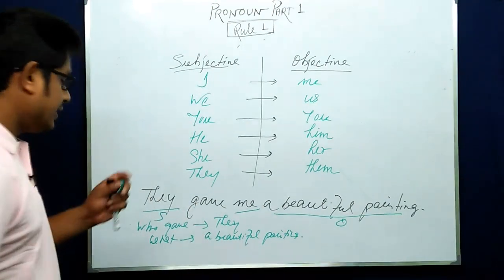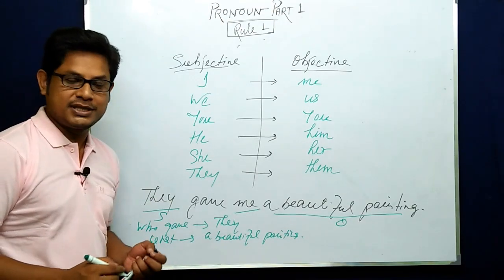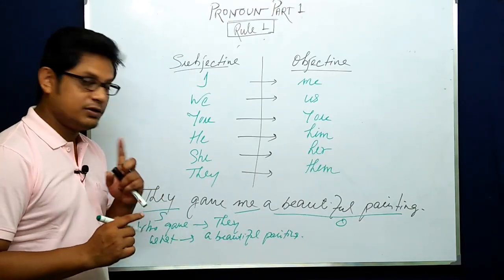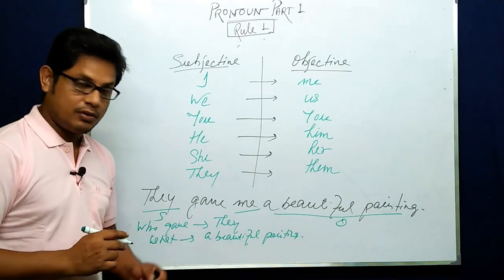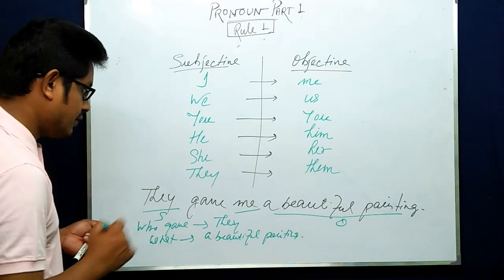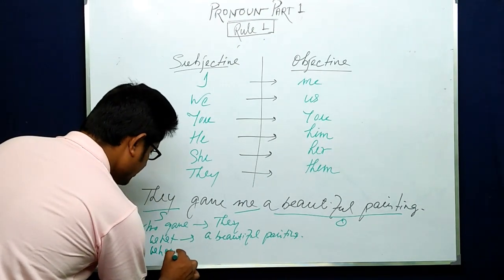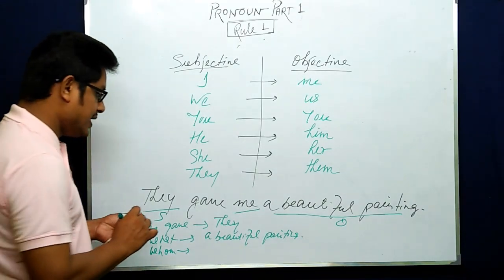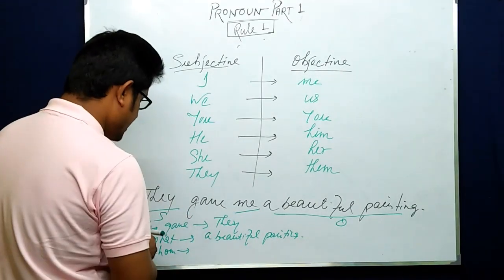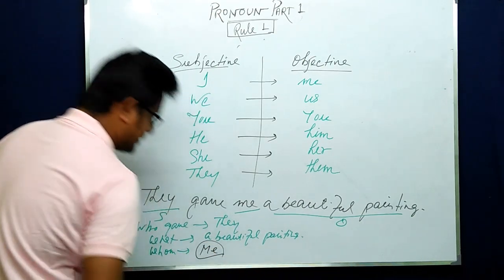Another part, as I said before, if you want to find an object, then you have to ask the verb two things. Number one, what? We have already got one object, and the second is whom. They gave whom? They gave me. So me is another object.